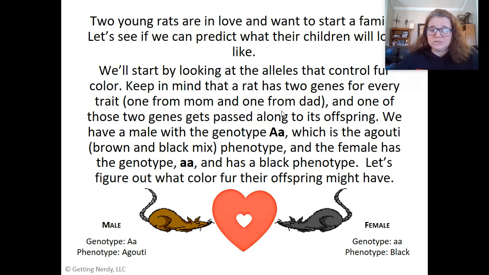So we have here a male rat with a genotype big A, little a, which is heterozygous, an agouti brown and black mix rat. That's the phenotype that's coming out. And then the female has a genotype of small a, small a, known as homozygous recessive, and it has a black phenotype.